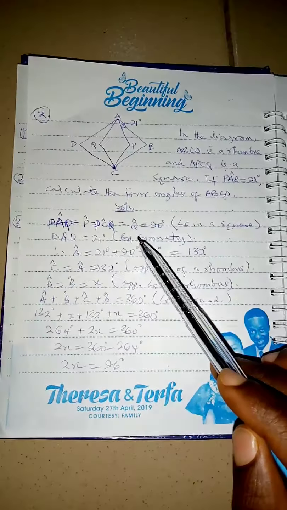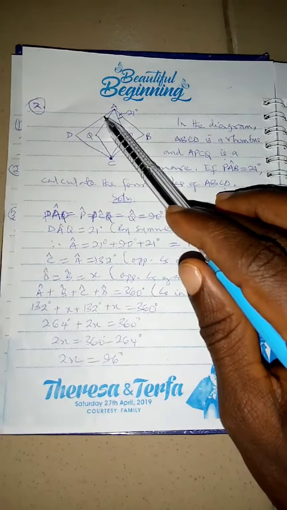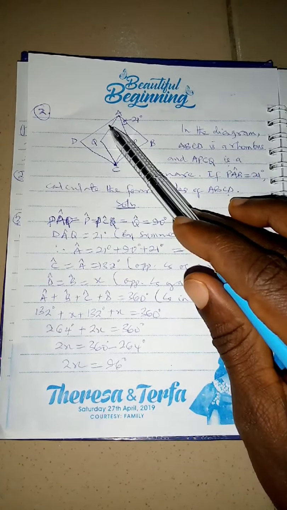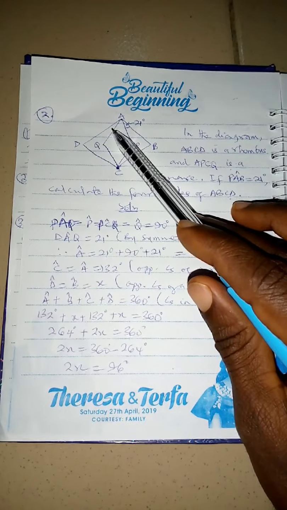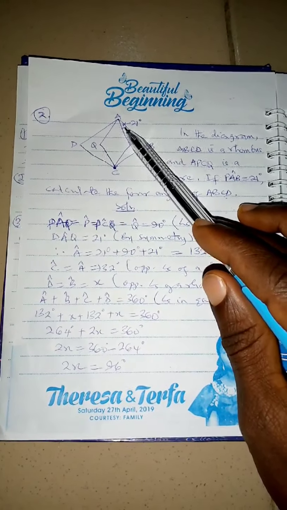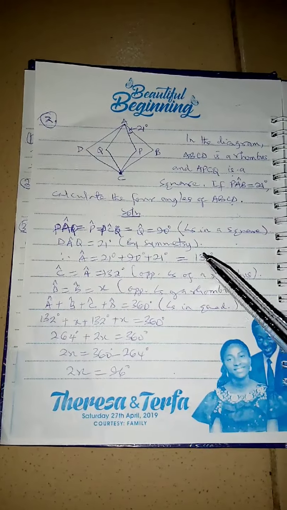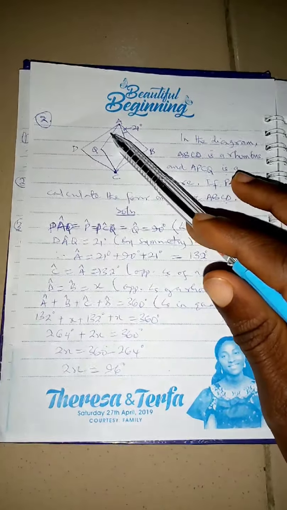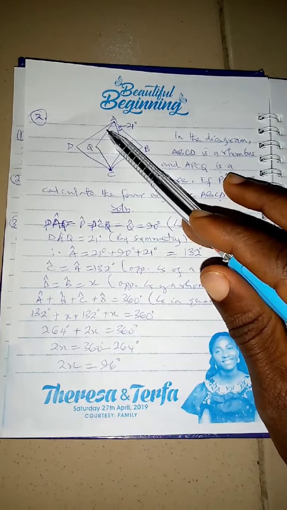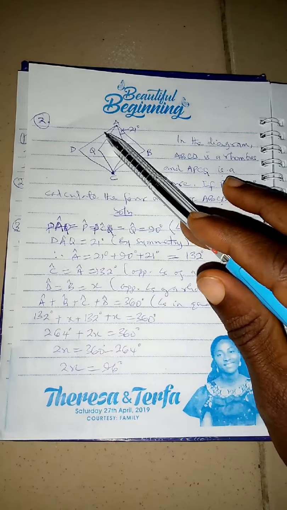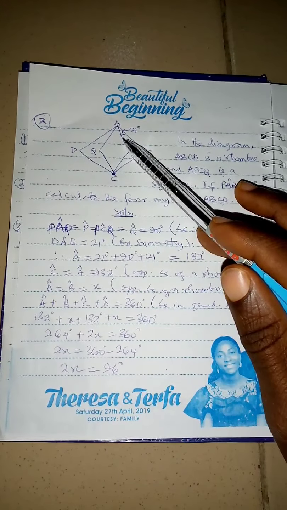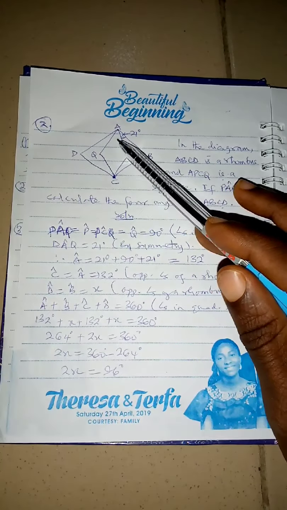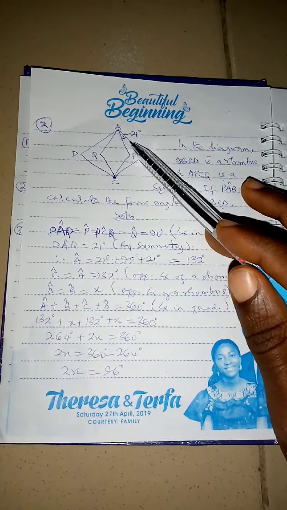Having known that, similarly, when you look at your diagram, this angle here, which is angle DAQ, is 21 degrees, through symmetry. By viewing it symmetrically, this angle is 21 degrees. Therefore, we can get angle A as a whole to be 21 degrees plus 90 degrees plus 21 degrees.